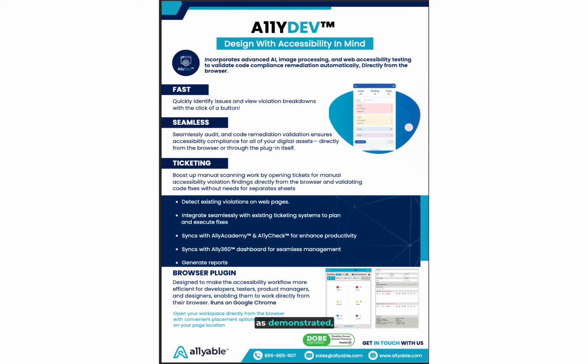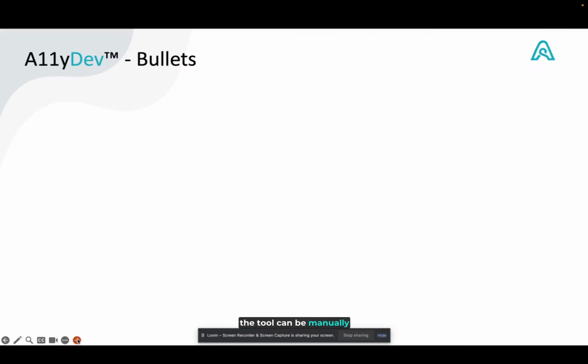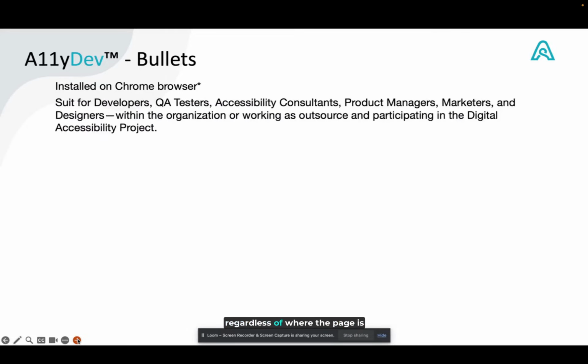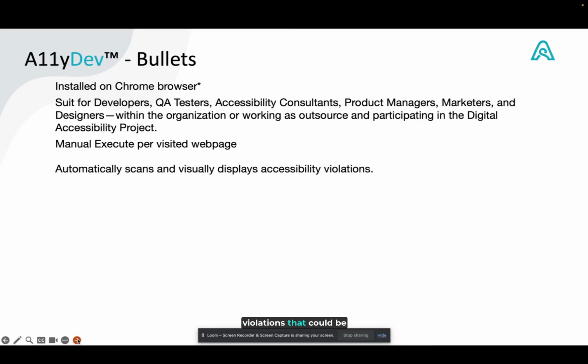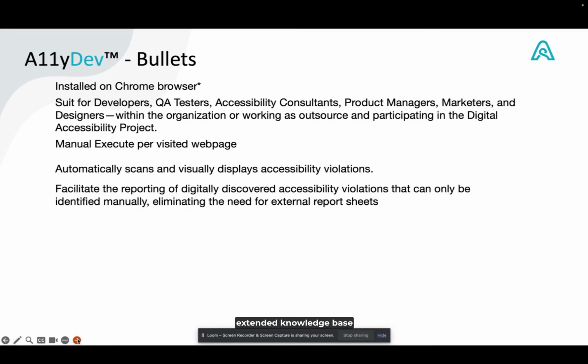Moreover, as demonstrated, the tool can be manually executed on any web page regardless of where the page is hosted, be it in production, staging, or development. AllyDev scans automatically and displays all the accessibility violations that could be identified by technology with an extended knowledge base.